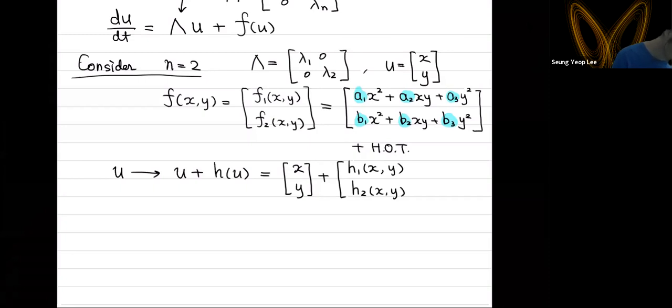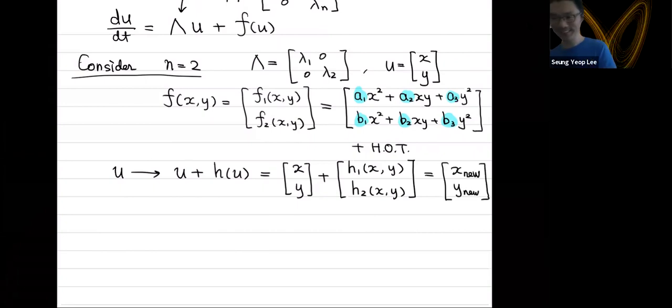So this is a certain change of variable. We are defining a new coordinate, x mu and y mu, from the old coordinate, and we will rewrite this equation in terms of the new coordinate.